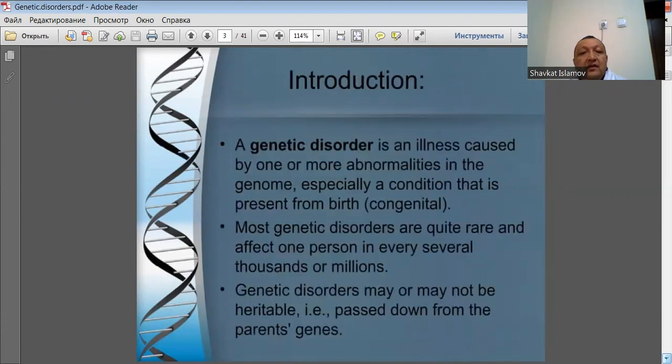Introduction: A genetic disorder is an illness caused by one or more abnormalities in the genome, especially a condition that is present from birth. Most genetic disorders are rare and affect one person in every several thousand to million. Genetic disorders may or may not be passed down from the parents' genes.